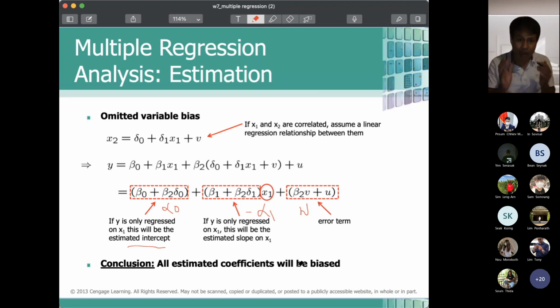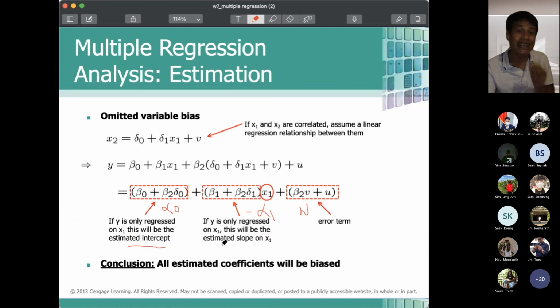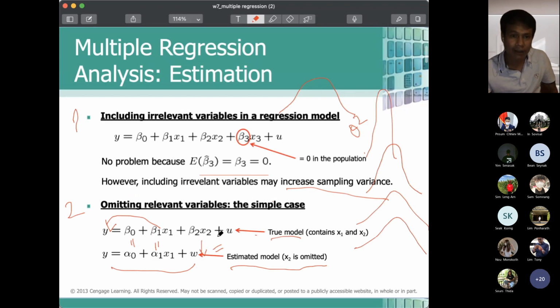The story I want you to know is that originally we want to test whether alpha 1 equals beta 1, whether beta 0 equals alpha 0, and whether epsilon equals this new error term. But as a result, when you omit x2, all the estimates from the estimated model are biased. The estimate of x1 that you want does not include only the effect of x1, but also partially includes the effect of x2, because in the true model beta 2 is the effect of x2.